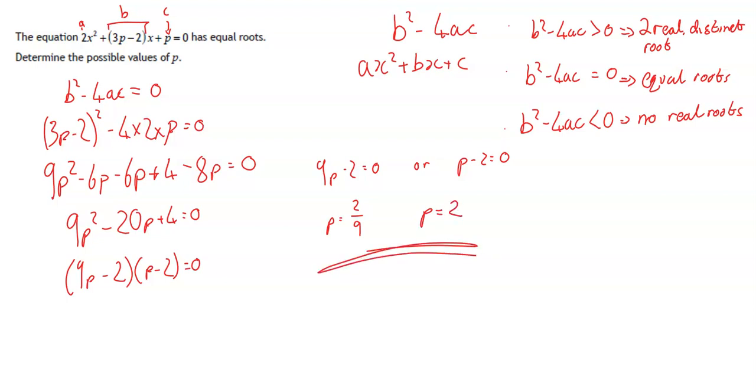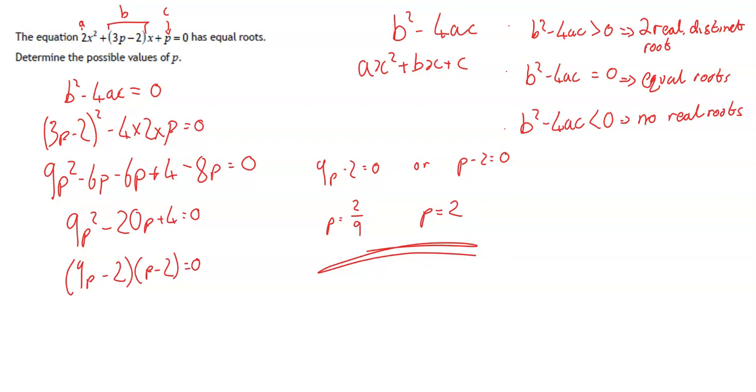So those there are the values of p that I need. Now there's no condition put on p itself, so I've got two solutions for it. Had there been a condition, for example, it had to be bigger than 1, or sometimes you see conditions such as positive or negative put on it, you'd then have to make sure you selected the correct one. There is no condition in this one, so I don't whittle it down from there.